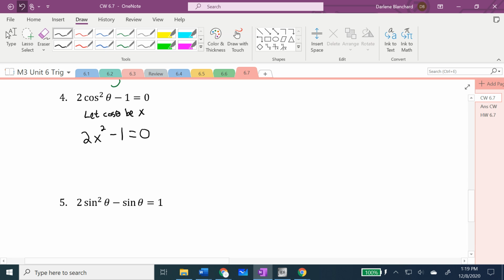You can replace the trig functions with actually any letter you want, but it's nice to keep talking about x as associated with cosine and y with sine. And you can see something that looks familiar. Do you remember how to solve this? You've got a couple of options. How do you algebraically solve this?